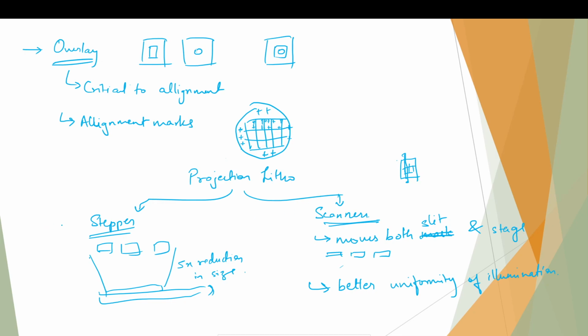It is good enough in the case of a stepper, however, for very critical devices it might not be that good. So typically in IC fabrication technologies they prefer scanners because the entire slit will be illuminated uniformly and we can guarantee that, and because of that the scanner performs better than the stepper.